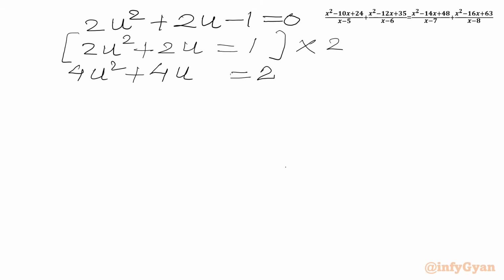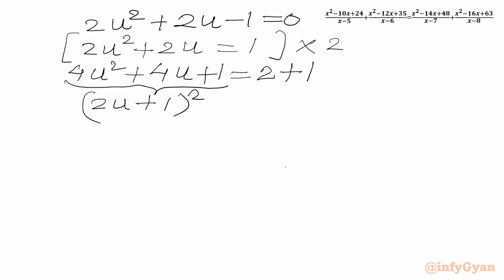Now we have to add 1 to both sides. So we will write plus 1 here and plus 1 here. Now these three terms will give us one perfect square of (2u + 1), and in the RHS we have 3.